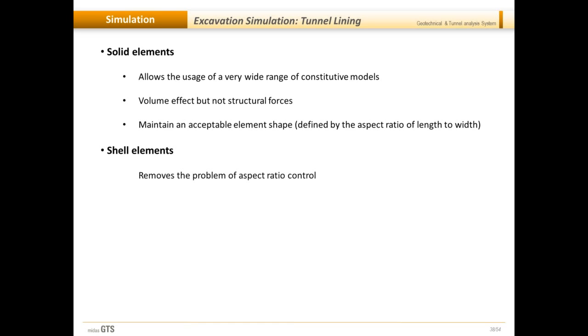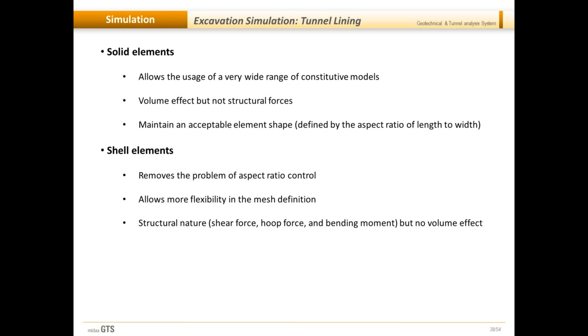The other alternative is to use shell elements, and the shell elements would remove the problem of any kind of aspect ratio control. It allows more flexibility in mesh definition. And one more thing, it is quite useful for extracting all the structural forces. But the problem is that shell elements don't have any volume effect when you're doing the meshing.